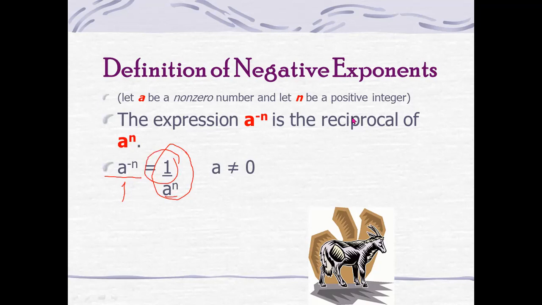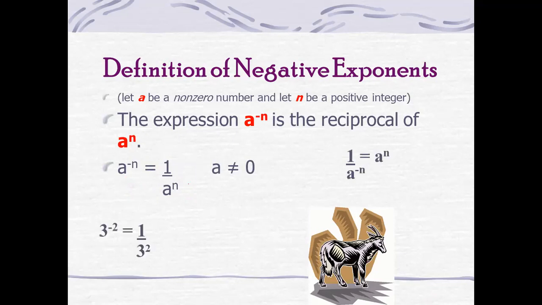Any number raised to a power of a negative exponent, we can write as a fraction, its reciprocal, a positive number expressed in fraction form. That is why we have a to the power of negative n equals 1 over a to the power of n.